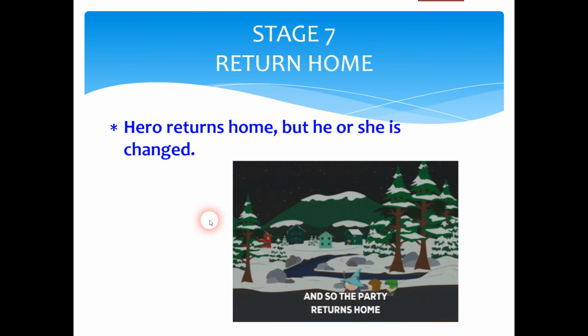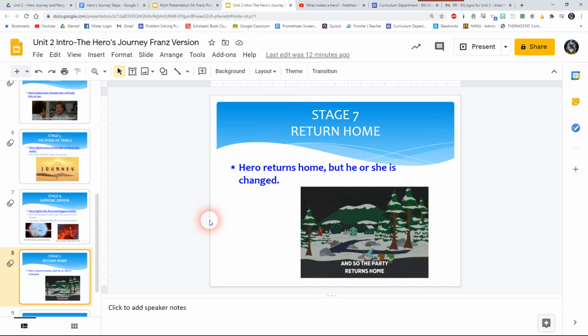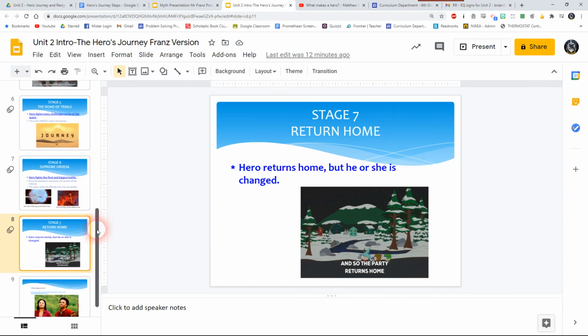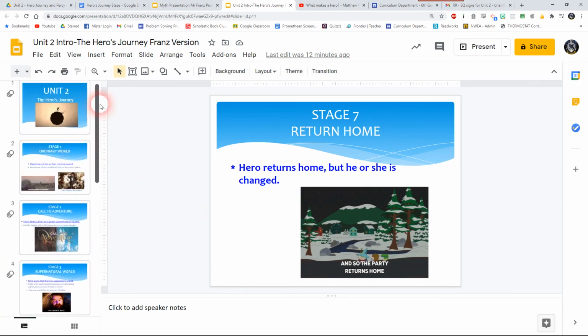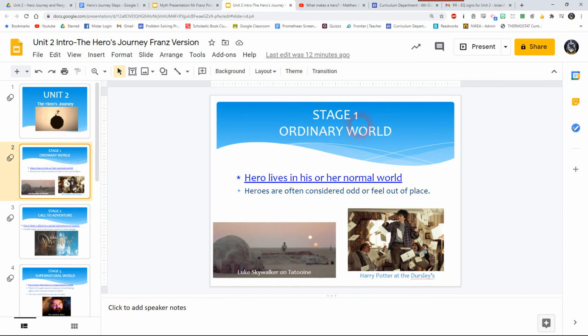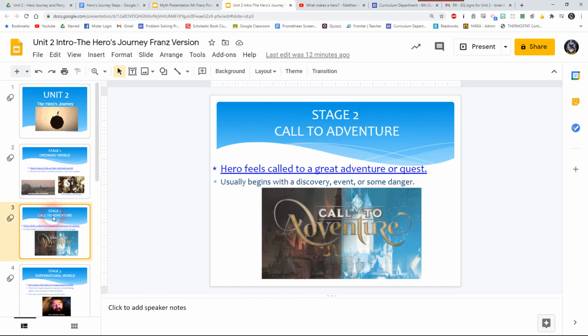Why don't we look at them real quick one more time, just to review before we stop. Stage 1, ordinary world. I live in an ordinary world, the hero might say. Stage 2, the call to adventure. Hey, I feel like someone's calling.